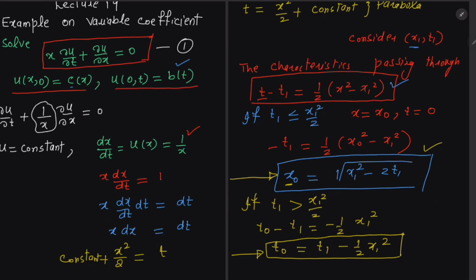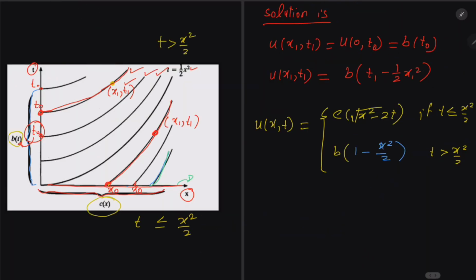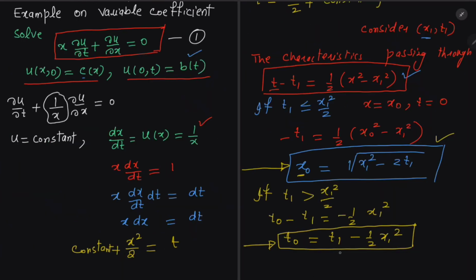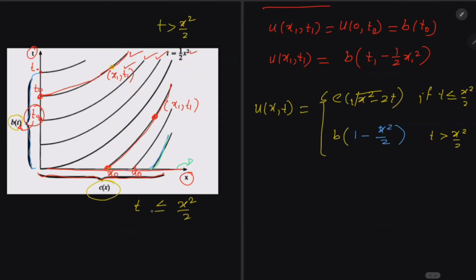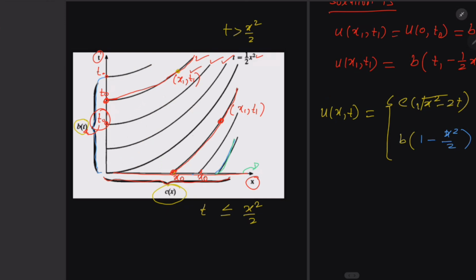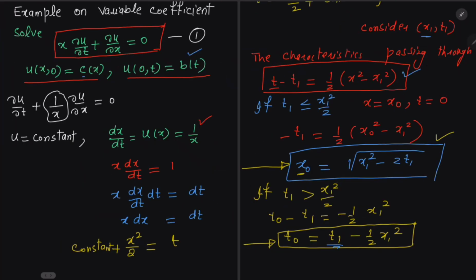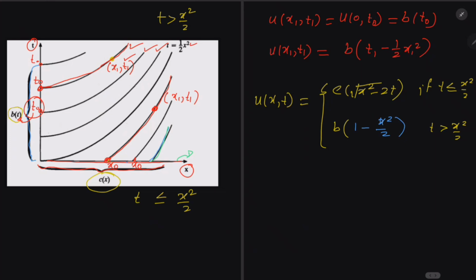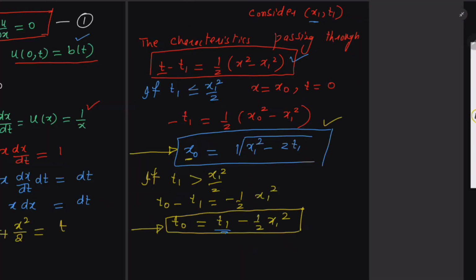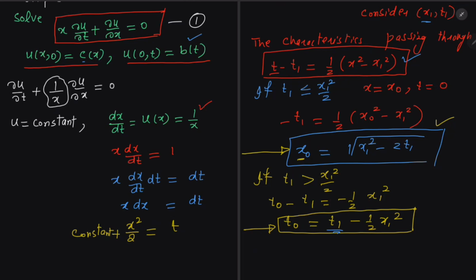What is it for t greater than x squared by 2? We have this value. If we put in the value of b of t naught, what is t naught? t naught is t minus half x squared, correct. It should be t naught; I had written a wrong thing over here.